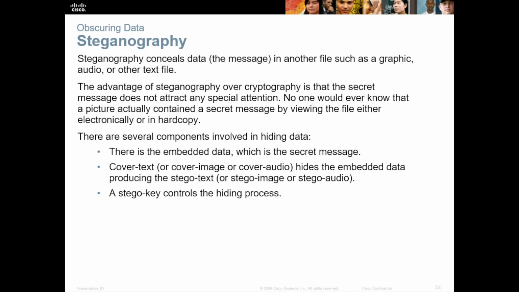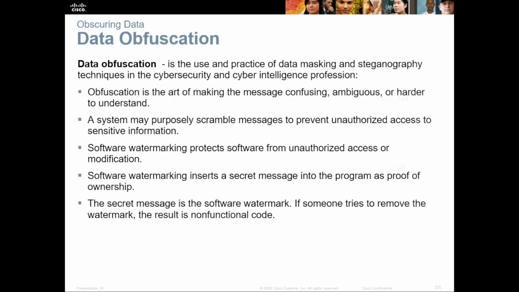There is embedded data, which is the secret message, and the cover text, cover image, or cover audio. This cover item hides the embedded data, producing the stego text, stego image, or stego audio. A stego key controls the hiding process.